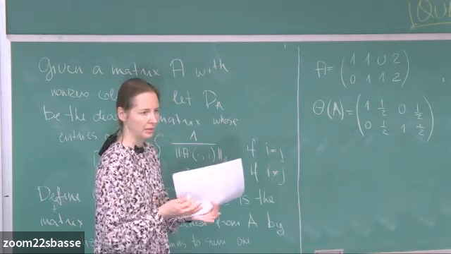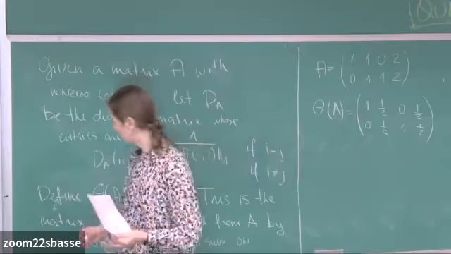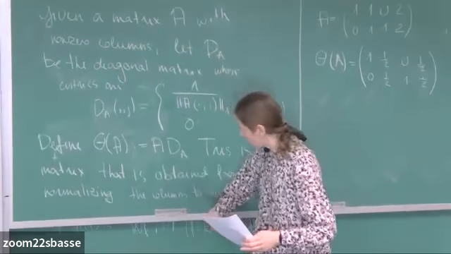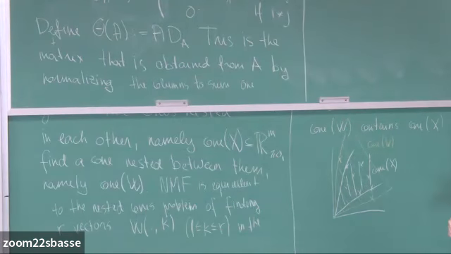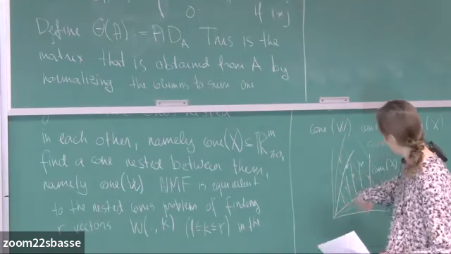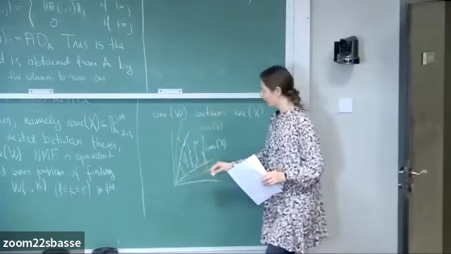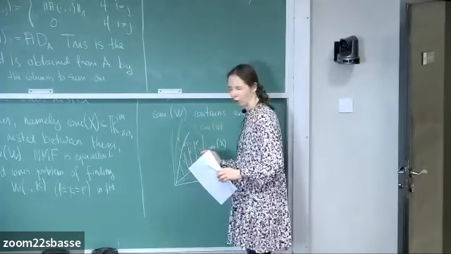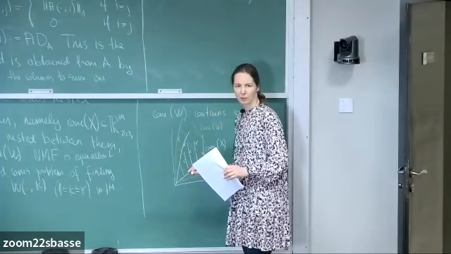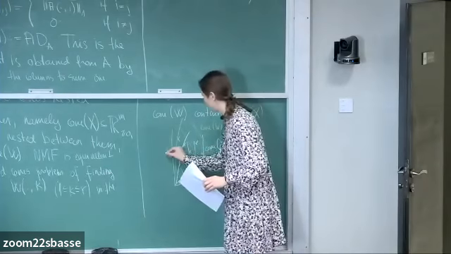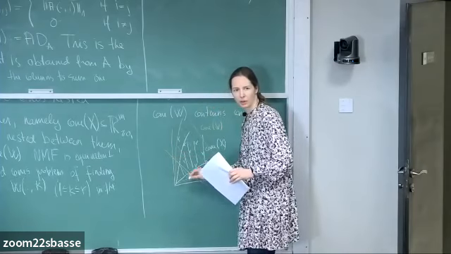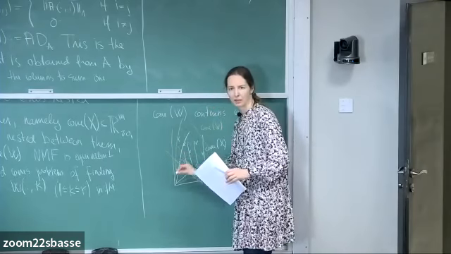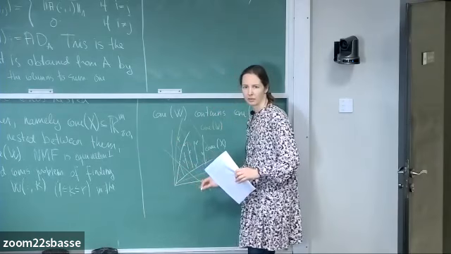So we had this cone before. I don't know if I have the drawing. Luckily I have it, but I think I want this picture for now. So remember, these points were the columns of X. So basically what we are doing is scaling the columns of X for all of them to be on this line segment, right?